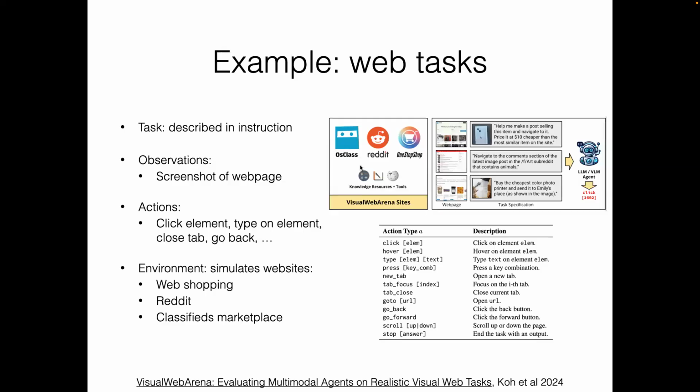And then here's their action space: clicking, typing, things like that. You can see that they're also incorporating vision language model agents, getting some visual representation of the web page, and you can see this idea of the model just outputting actions as text.